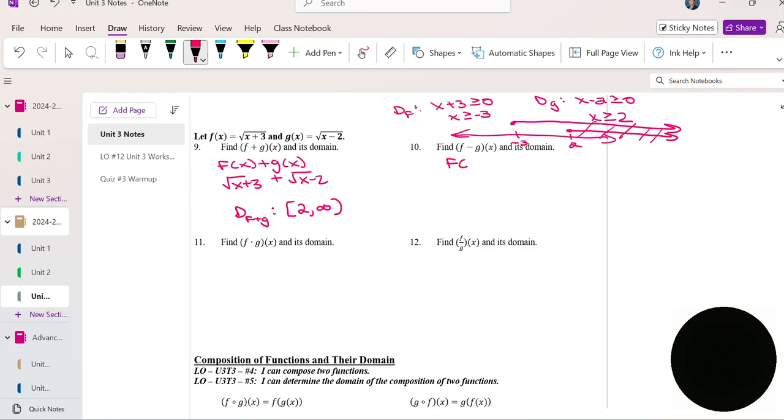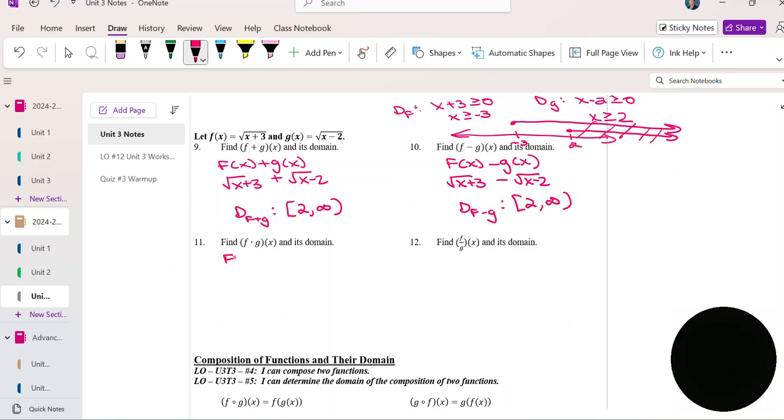F minus g, so you go the square root of x plus 3 minus the square root of x minus 2, and the domain of f minus g is greater than or equal to 2.